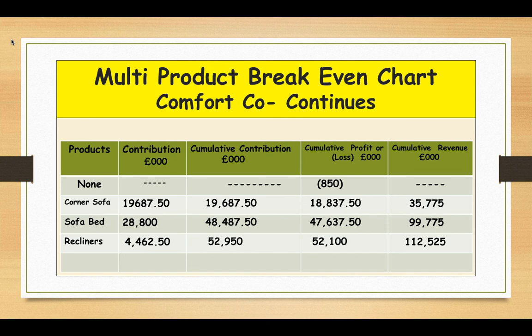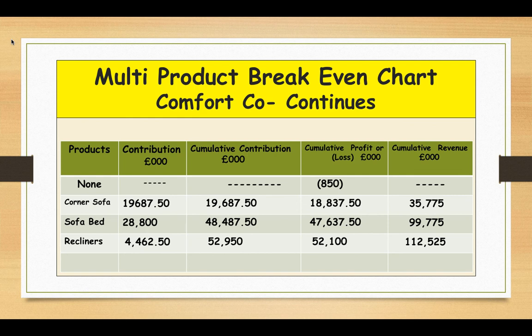So for that, we will calculate the cumulative profit or loss and the revenue figures. So we have a column for products, and then we have another column for contribution, another one for cumulative contribution, and another one for cumulative profit or loss, and a final column for the cumulative revenue.